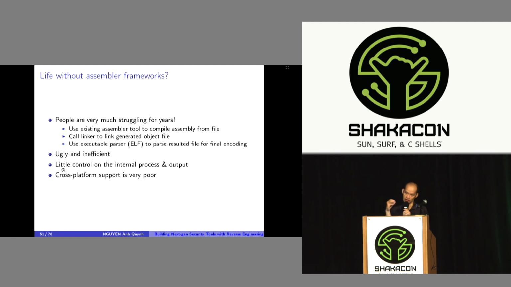You need to extract the binary from inside the object code. So there are a lot of steps. It's ugly and inefficient. You can do it this way, but you have very little control over the internal process of all these steps. And the cross-platform support for this kind of methodology is very poor.